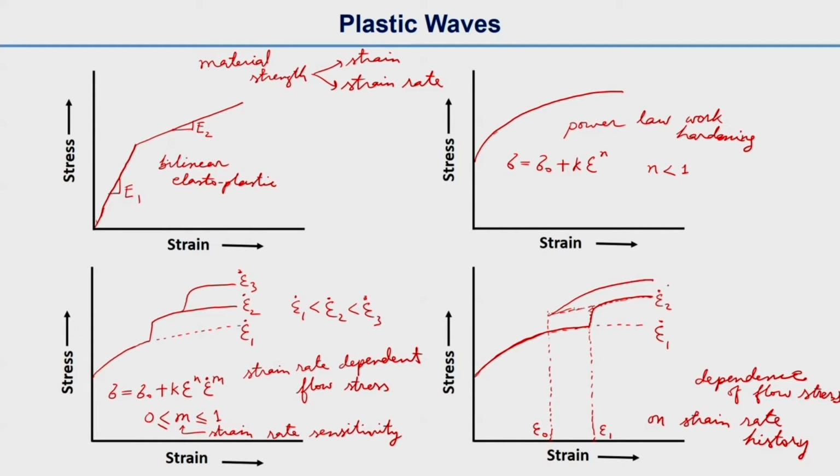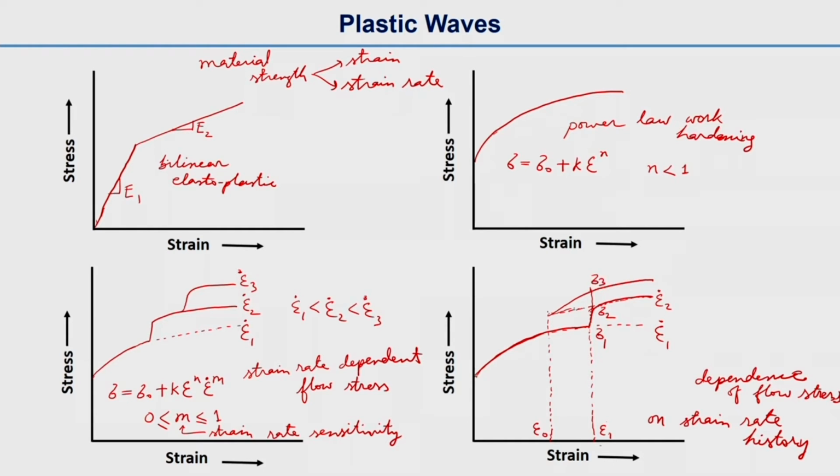Let us say this is our flow stress. At a point corresponding to strain epsilon 1, here the flow stress is sigma 1, here the flow stress is sigma 2, and here the flow stress is sigma 3.